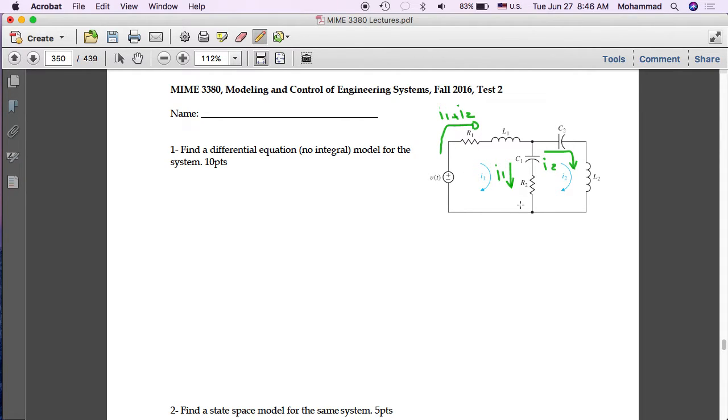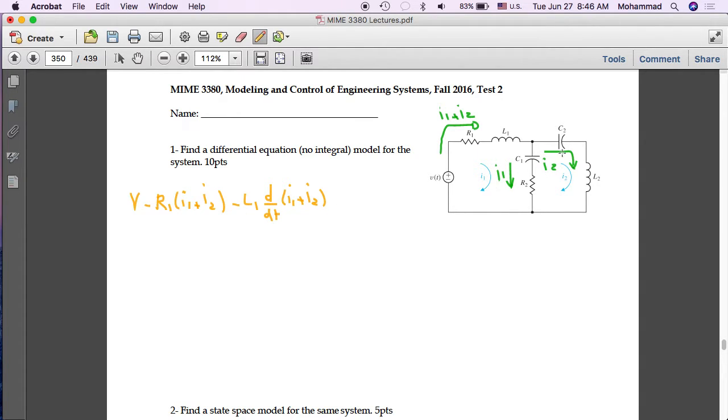So we have two loops here, and we can write Kirchhoff's voltage law for both loops. For the first loop, we have V as the source of voltage minus R1 times (I1 plus I2) minus L1 d/dt of (I1 plus I2).